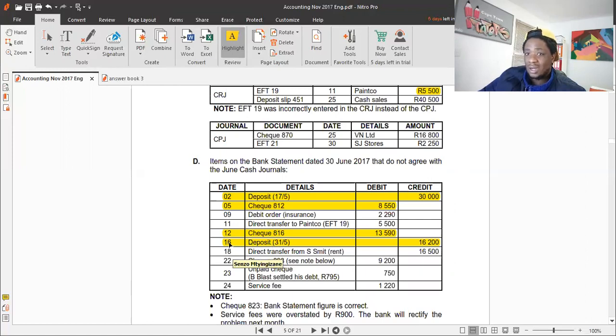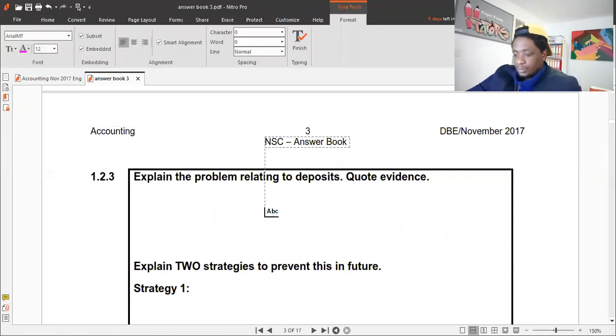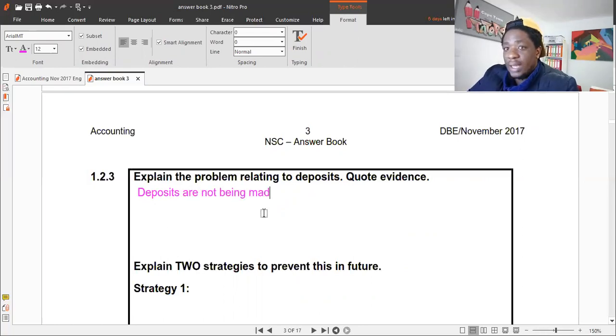So that is a lot of time between those dates. So my problem that I'll identify is that deposits are not being made promptly. And then evidence.